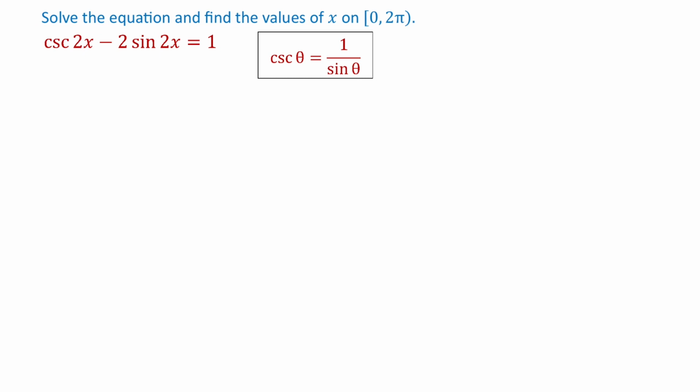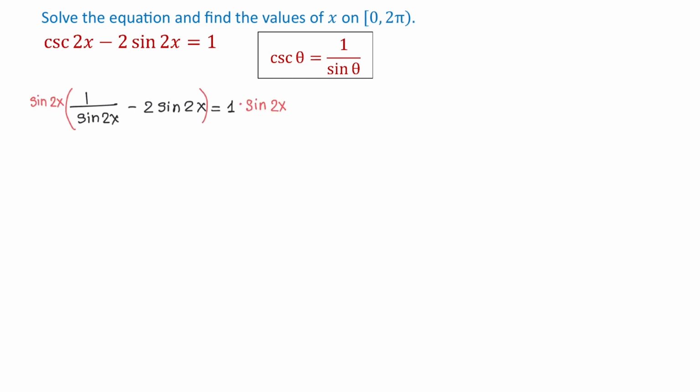So then, we will write that 1 over sine of 2x minus 2 sine of 2x equals 1. Next, we will multiply both sides by sine of 2x to eliminate the denominator.